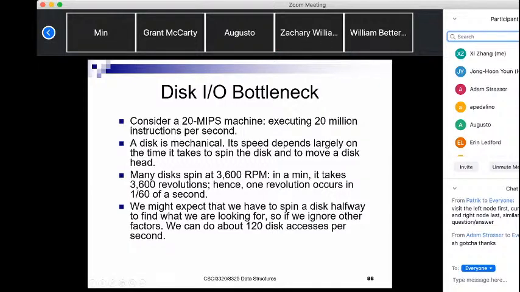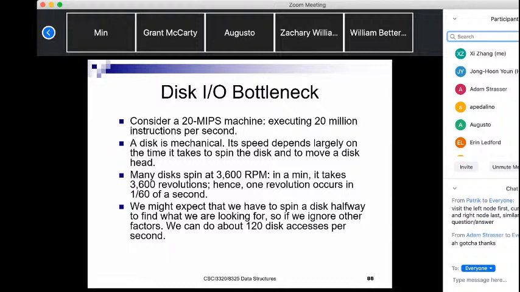A 20 MIPS machine is probably like an IBM PC XT, introduced in maybe 1988 or 1989. So it's more than 30 years old. It executes 20 million instructions per second, so it can perform 20 million CPU operations in 1 second.